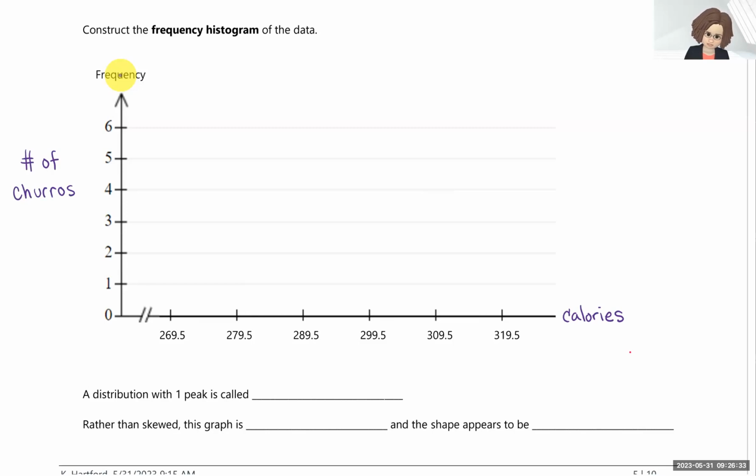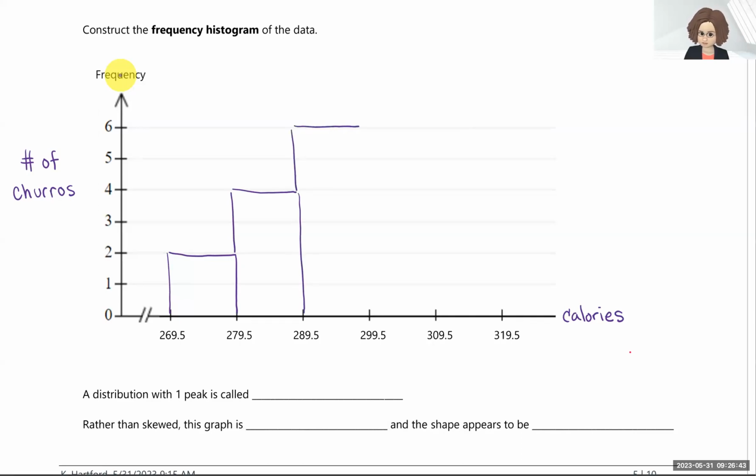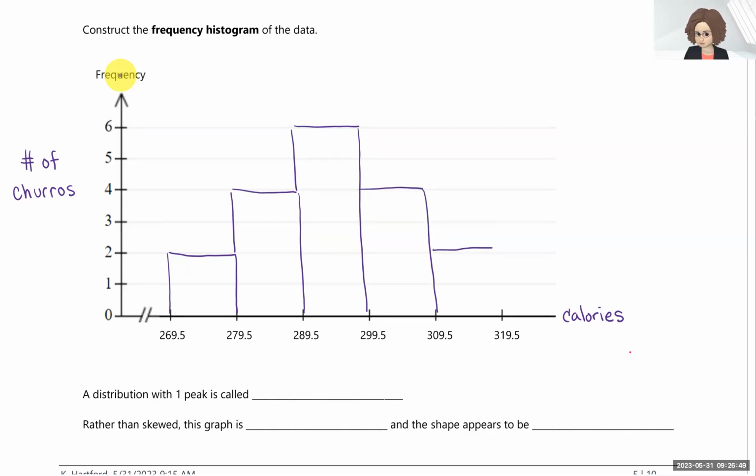So our first class, we had 2. The second, we had 4. The third, we had 6. And then the fourth class went back down to 4. And then our last class, we had 2.